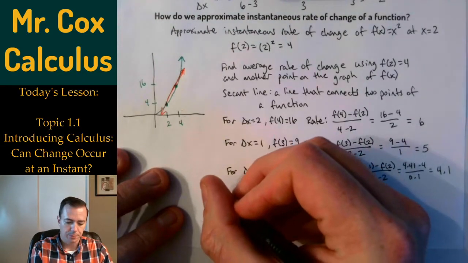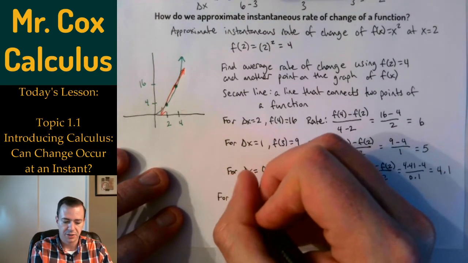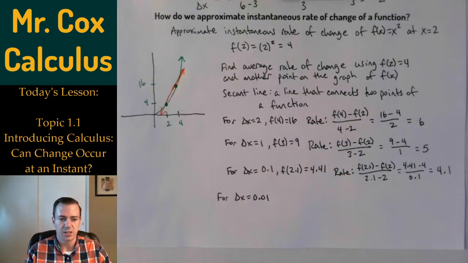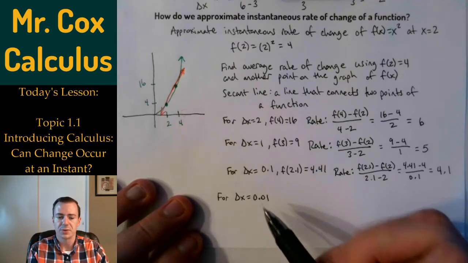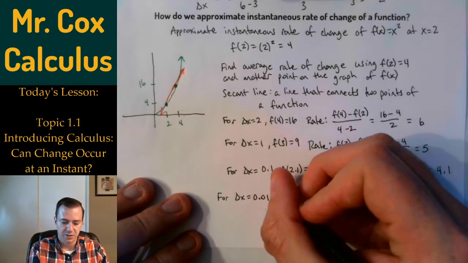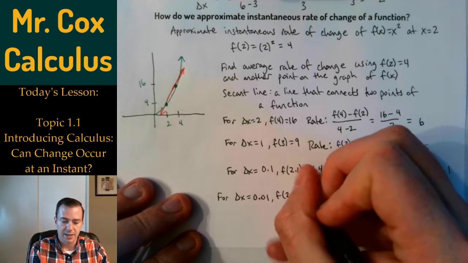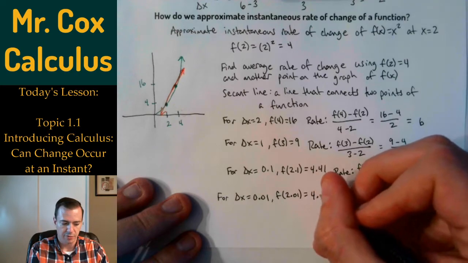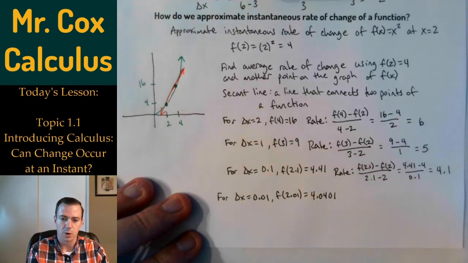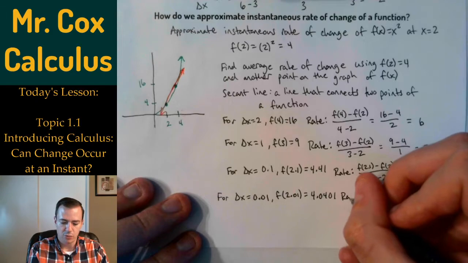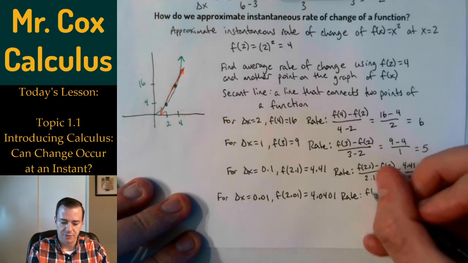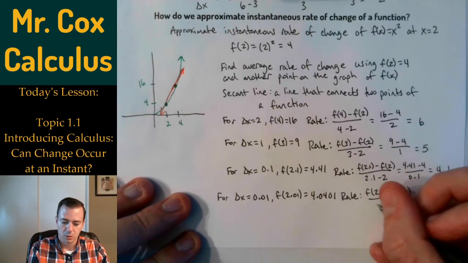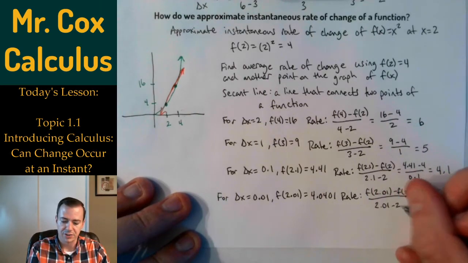Well, let's go one more. Let's use a delta x equal to 0.01, and I could continue this exercise on and on, just keep getting closer and closer to 2. So now I'm using the point at 2.01, and if you square 2.01, you get 4.0401. So my rate of change formula is f of 2.01 minus f of 2 over 2.01 minus 2.